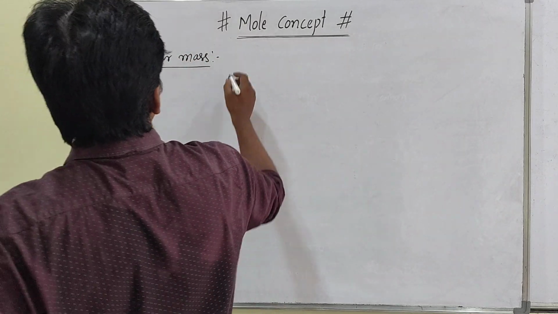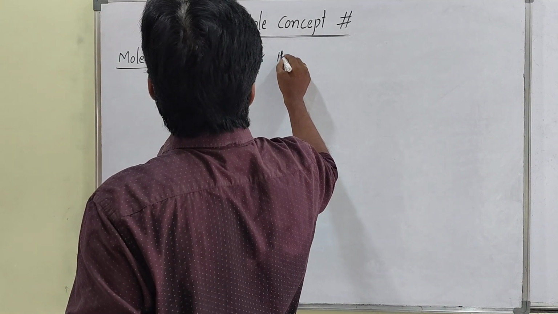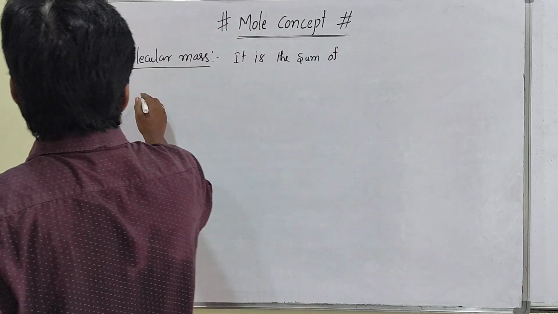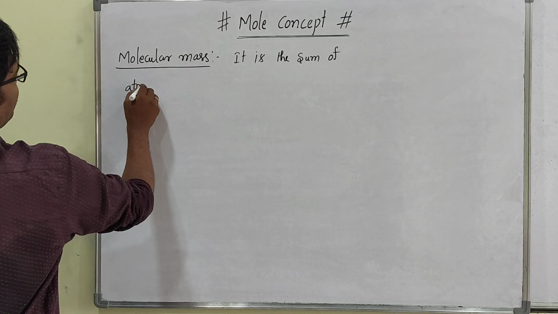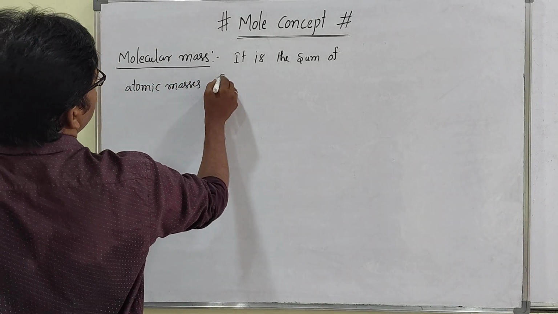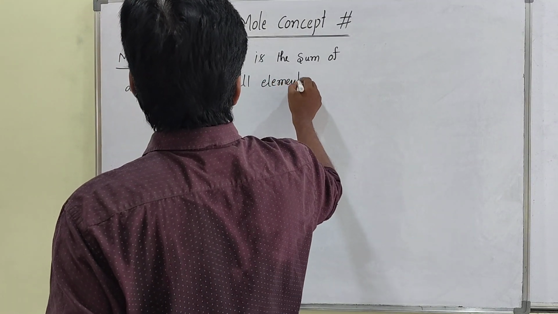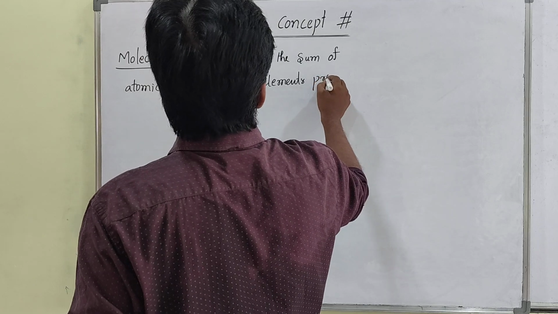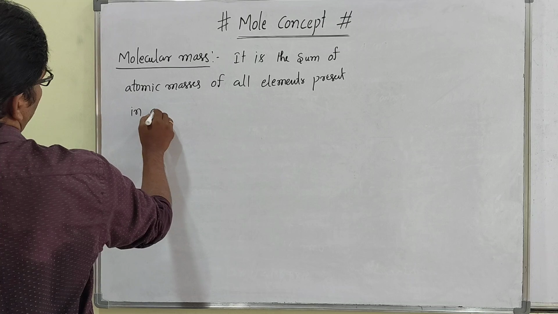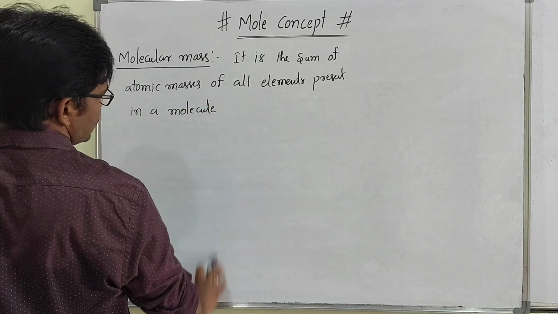Molecular mass is the sum of atomic masses of all elements present in a molecule. All the atoms present in a molecule.